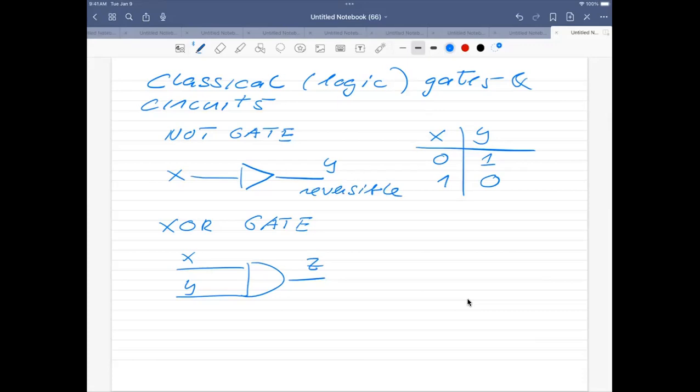If you look at the XOR gate, so the NOT gate has a quantum mechanical equivalent because it is reversible. So keep in mind that everything we end up doing is given in terms of unitary transformations. So this is an irreversible gate.